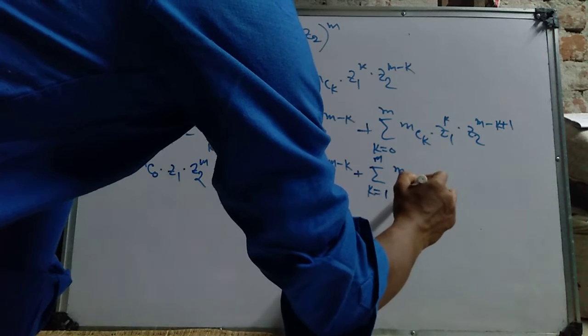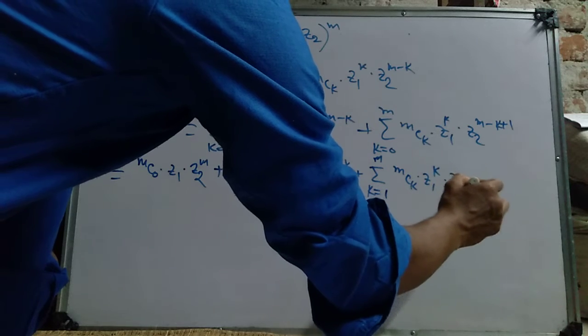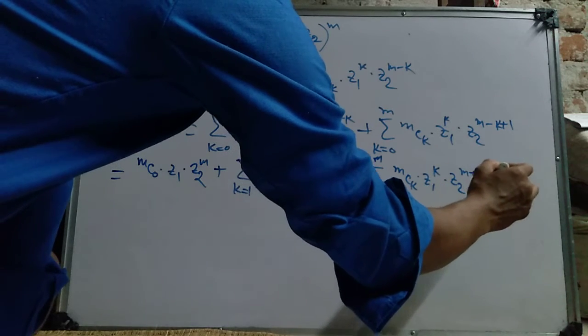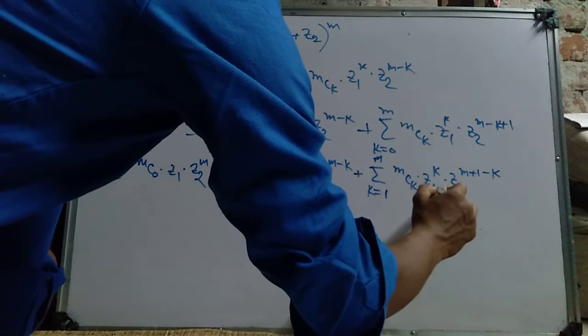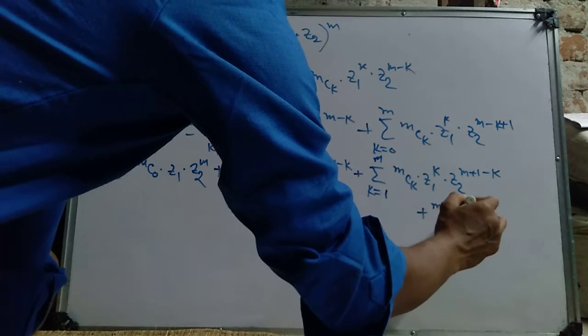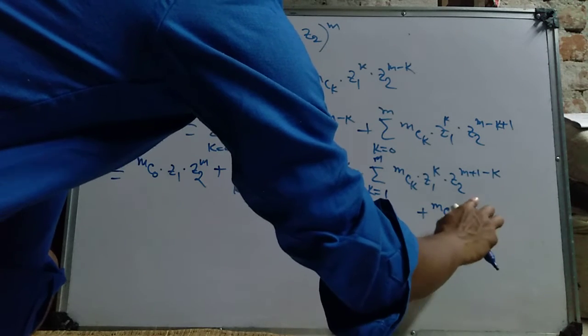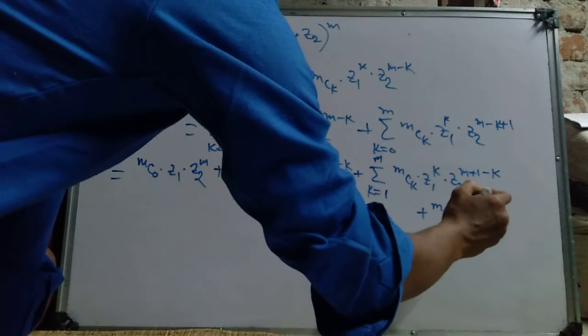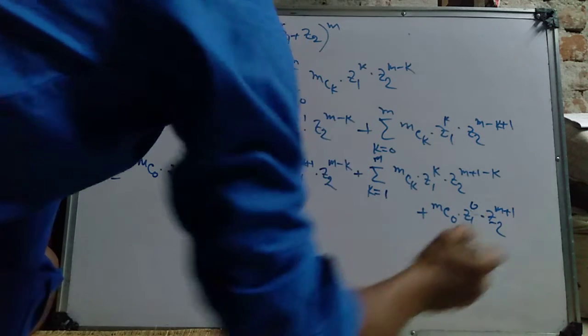Then here mCk z1 to the power k z2 to the power m plus 1 minus k. If k equals 0, that means mC0 z1 to the power k equals 0 and z2 to the power m plus 1.